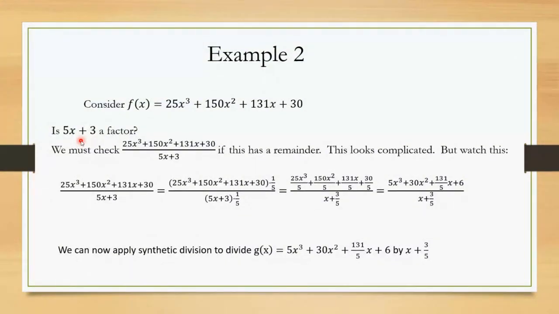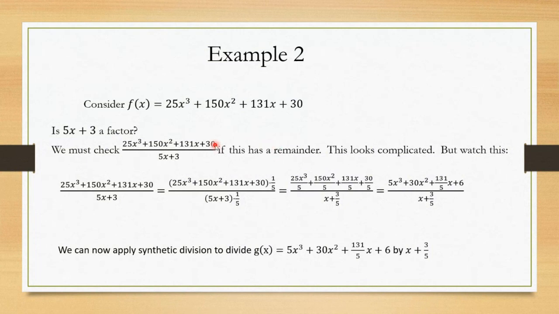And we don't want 5x plus 3. Well, we can't use synthetic division here. Really, it's enough to check if this quotient has a remainder, because we're trying to see if 5x plus 3 is a factor of f.